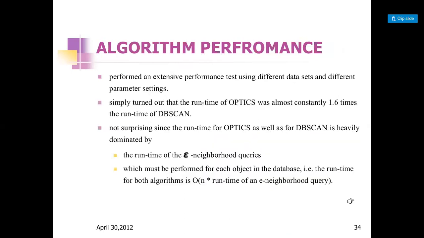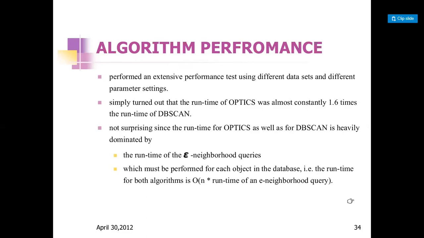In this way, the algorithm is a reformation of the DBSCAN algorithm. It turned out that the runtime of OPTICS was almost constantly 1.6 times the runtime of the DBSCAN algorithm.